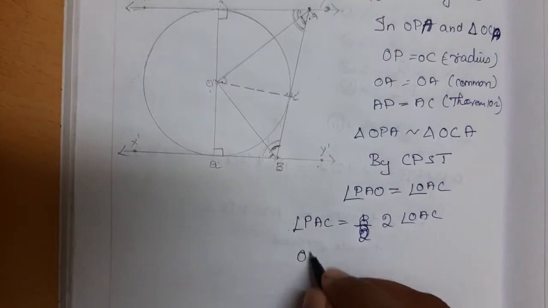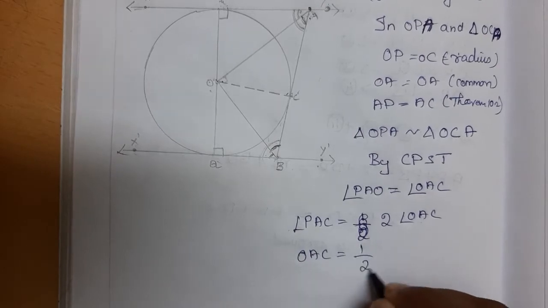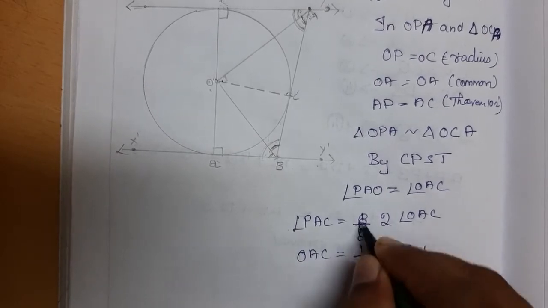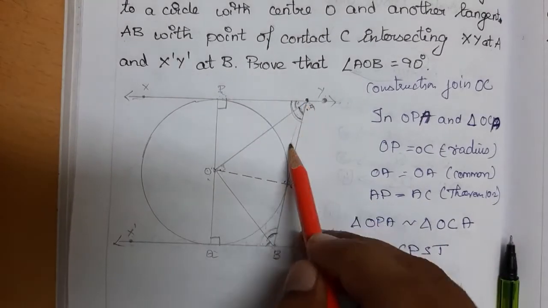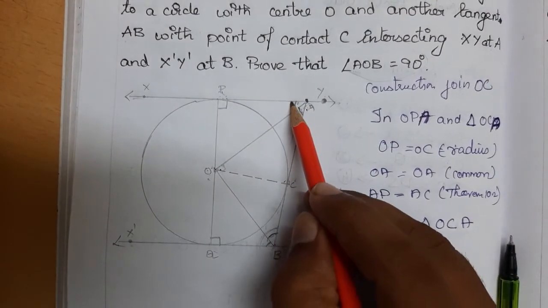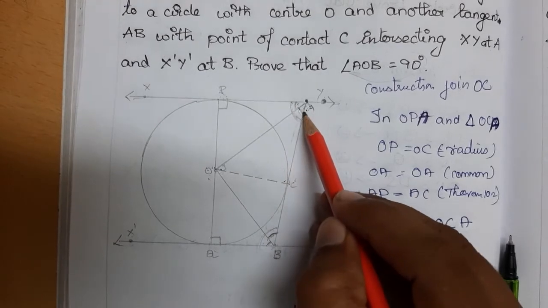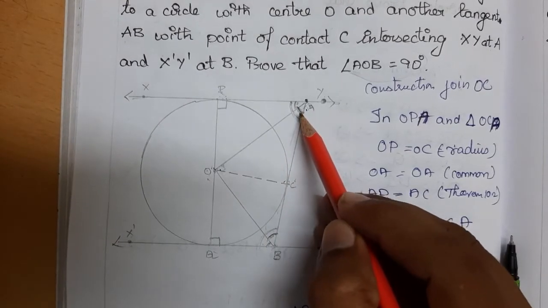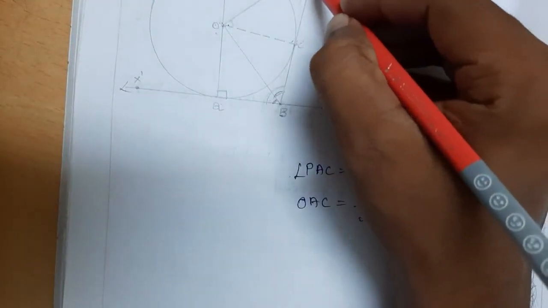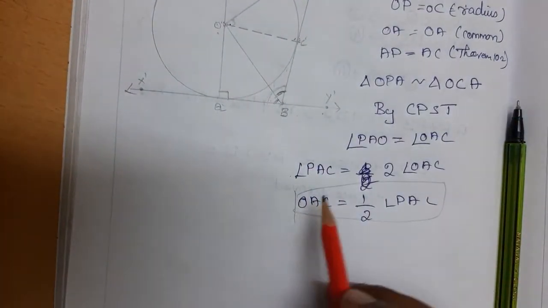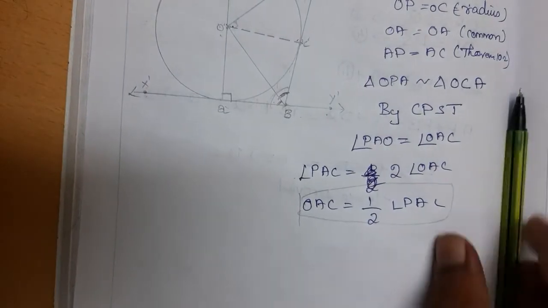That means the angle OAC is equal to half of angle PAC, right? So this is the full angle and this is the whole. This whole is 2 times this angle, so this angle is half of the whole angle. We need this angle alone, right? So OAC is half of PAC. The same here. Similarly, we can prove here also.